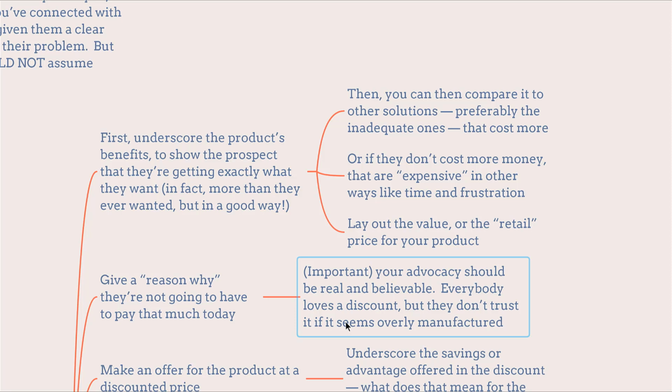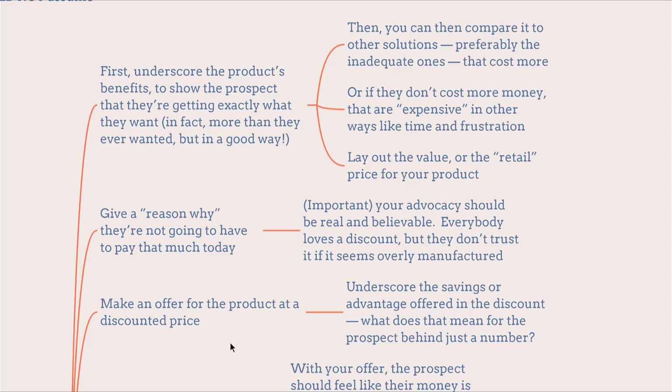Lay out the value or the retail price for your product. Then give a reason why they are not going to have to pay that much today. It is important that your reasoning should be real and believable. Everybody loves a discount, but they don't trust it if it seems overly manufactured.